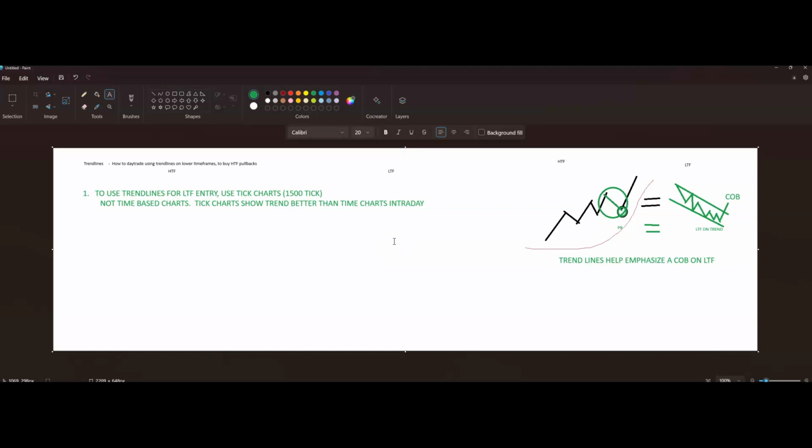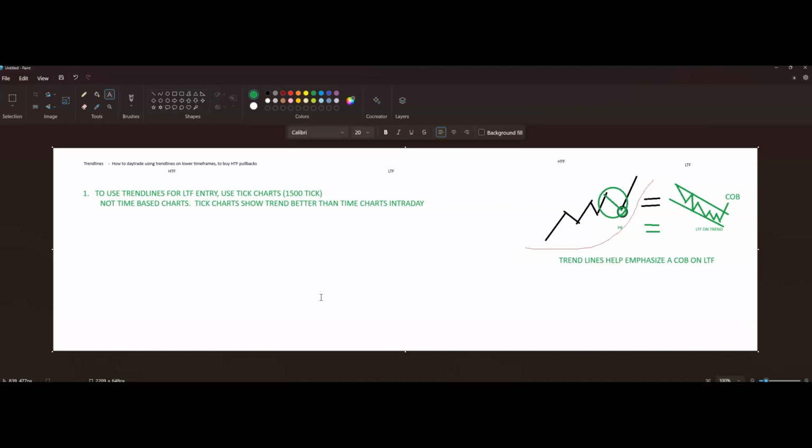I've seen diagrams that are ridiculous. They have trend lines AA, BB, CC all over the place, but that is an error. You want to use trend lines very specifically to find changes of behavior on lower time frame charts in order to buy higher time frame pullbacks.